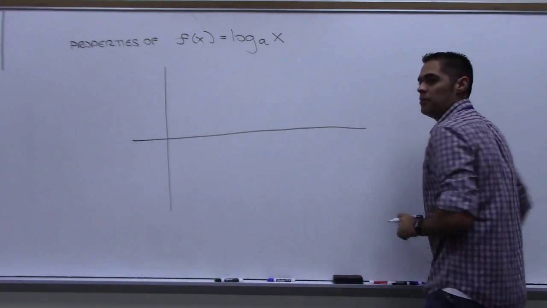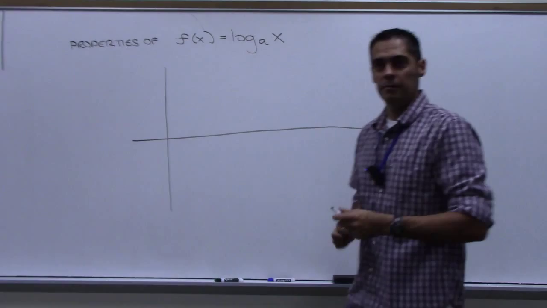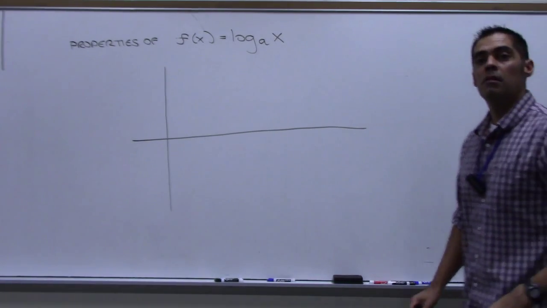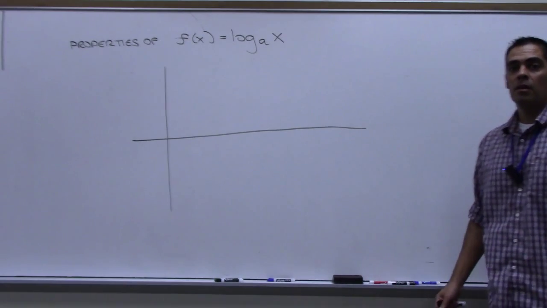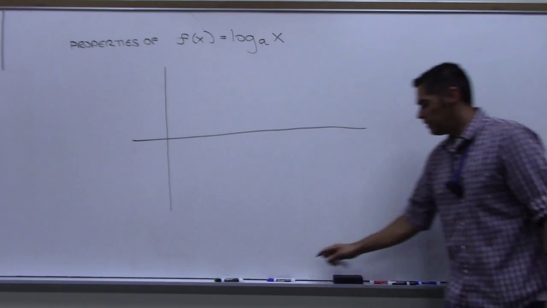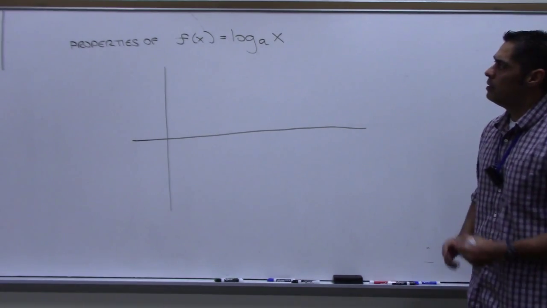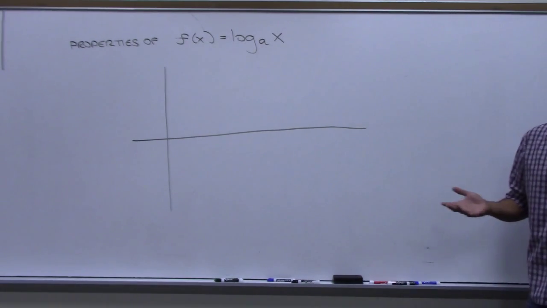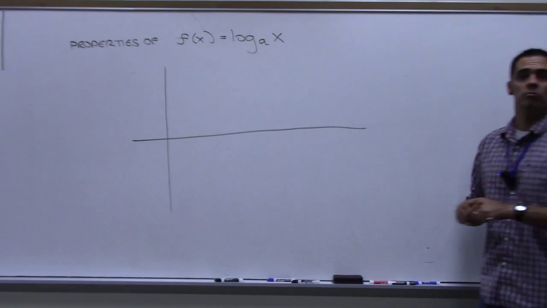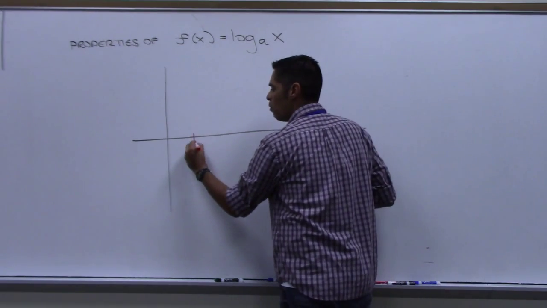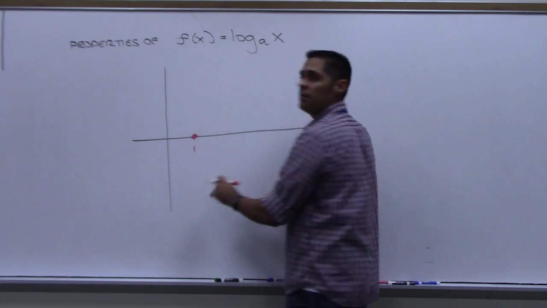Liz, you look bored again. So you want to help me out here, Liz? Huh? I know, I'm going to ask you to help me with this. With the log base A function, what point will it always have in it? 1, 0, right? 1, 0. If I plug in 1, I should always get 0. We knew that for any log, right?